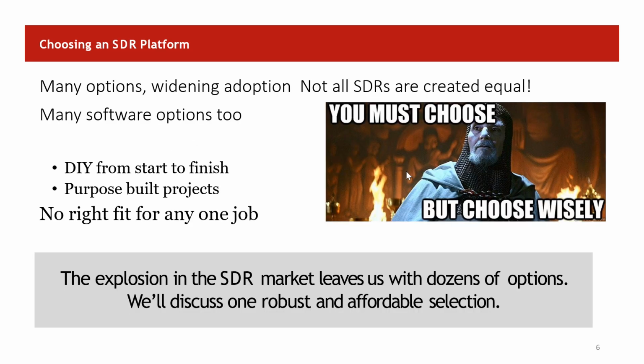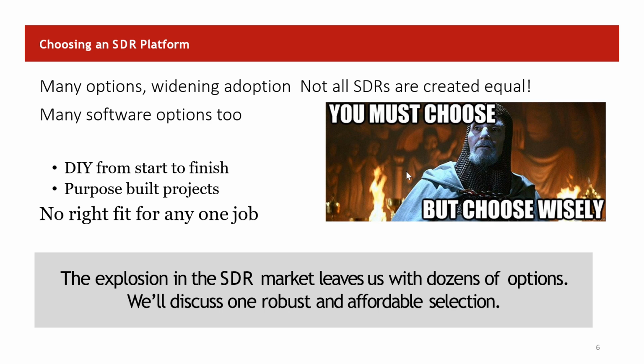Now we come to choosing an SDR. There are lots of options available. If you want to test something, you can start with the cheap SDRs, and if you want something more robust, you can go with high-end SDRs such as USRP and BladeRF. For the low-end, the minimum you can spend is around $10 to get an SDR, which is your RTL SDR.